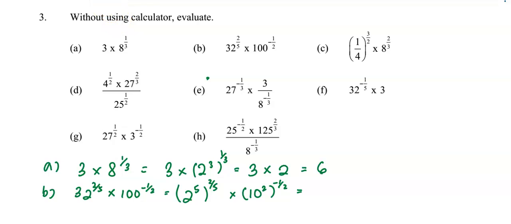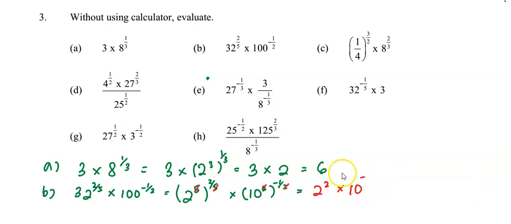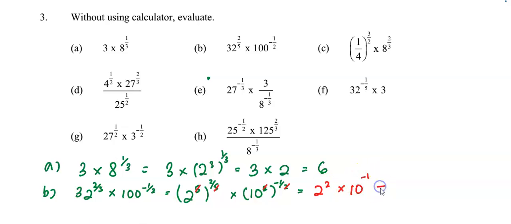You can see that actually the 5 and the 5 here can be cancelled off. Then you have 2 power of 2 multiplied by 10 power of negative 1, because the 2 cancels off over here. Now we have a 4.